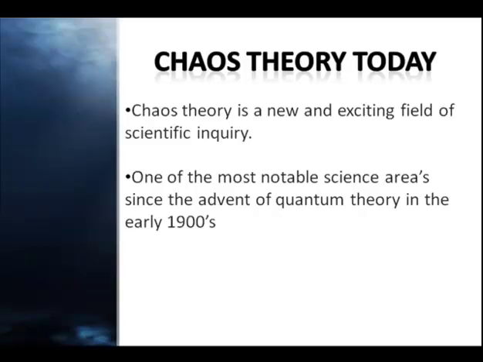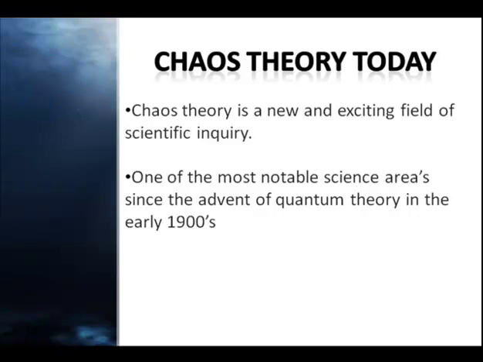So chaos theory today is a new and exciting field of scientific inquiry, and it really is an astonishing and controversial discovery that most respectable scientists would have dismissed as a fantasy not that long ago. If chaos theory fulfills its potential, it will dramatically change the way that we view the natural world and the universe around us, and also the way we trade.